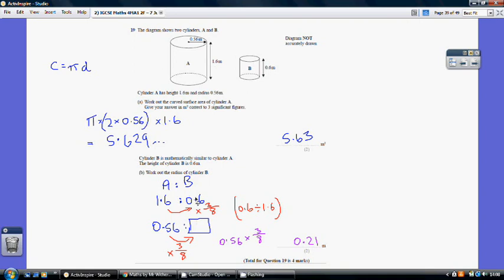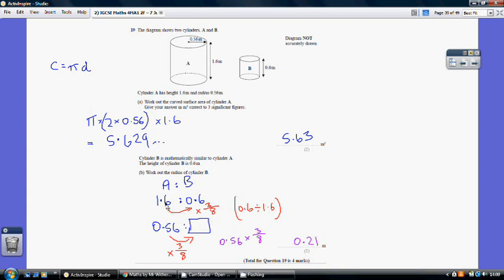We know the radius of A is 0.56, and we've got to work out the radius of B. So proportionally, how do we go from 1.6 to 0.6? What do we multiply it by? Well, using my calculator, I've done 0.6 divided by 1.6 and I get 3/8.